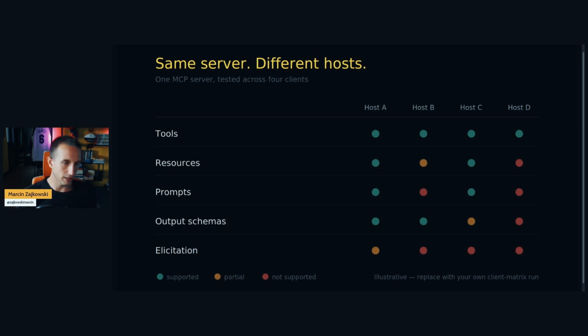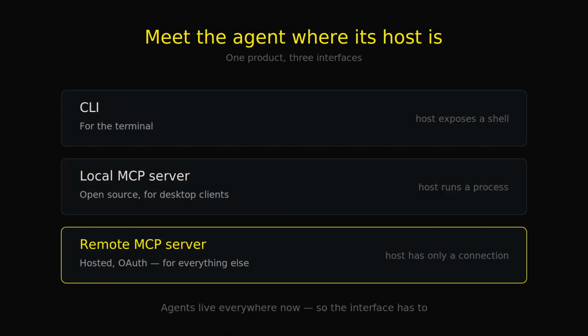And yeah, if we take a look at some industry examples again, one of the amazing recent ones is the email platform. They shipped the entire ladder: a CLI for the terminal, an open source local MCP server for all of the desktop clients, and then a hosted remote MCP server with full auth for everything else.